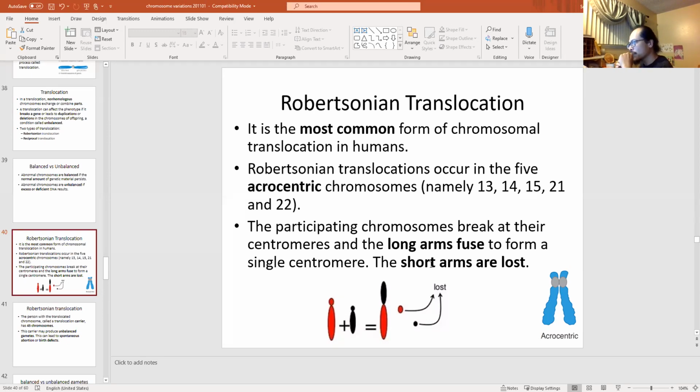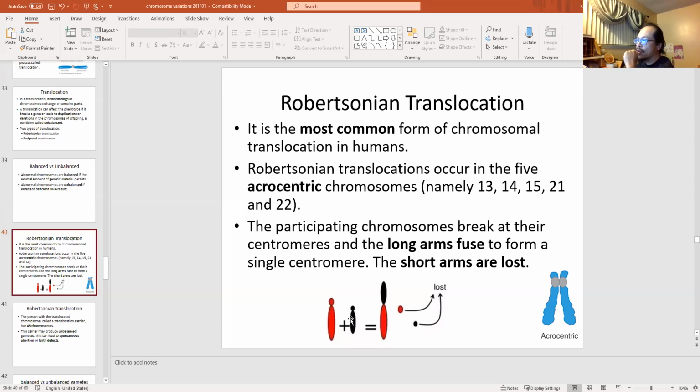As you can probably think about already, this will lead to a monosomy, a loss of a chromosome. It was two before, but now becomes only one. So the patient who began with 46 lost one and becomes 45.